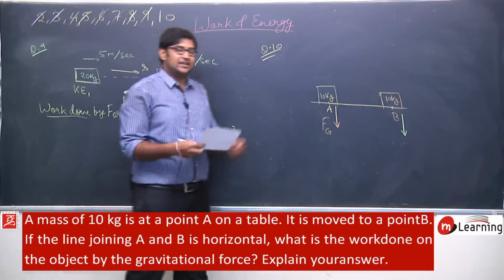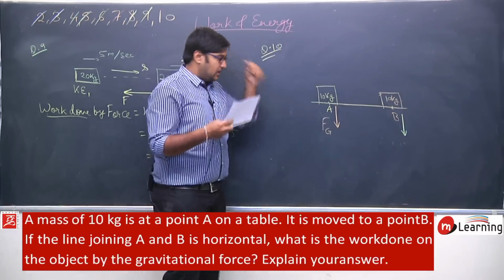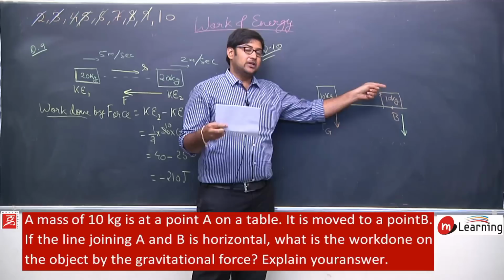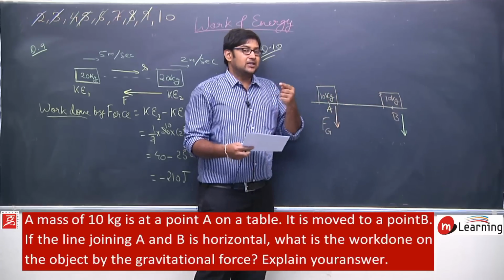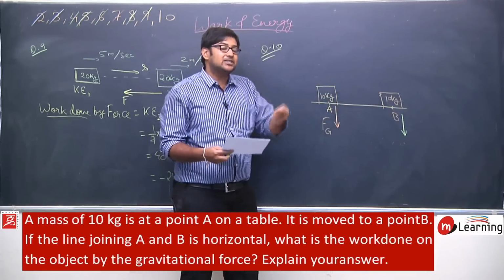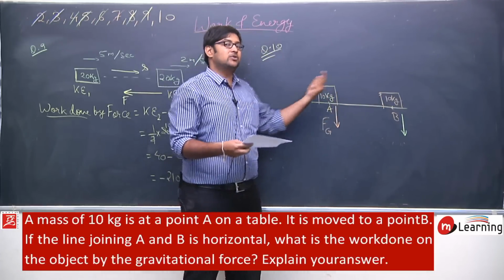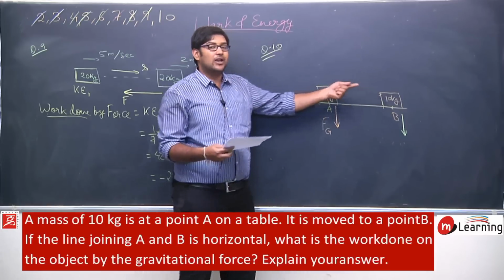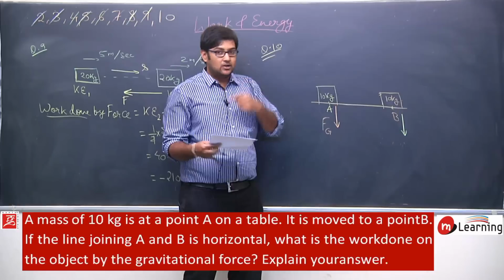The gravitational force is acting downwards. I am applying a force to move this body, but the question is asking for the work done by the gravitational force, not by the person who is applying the force.